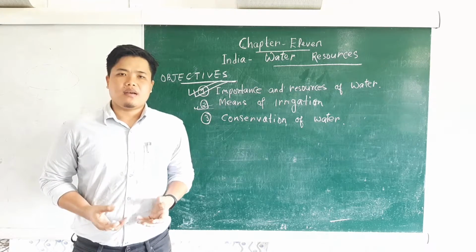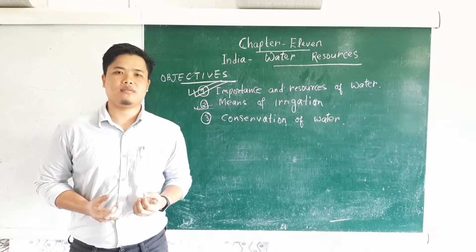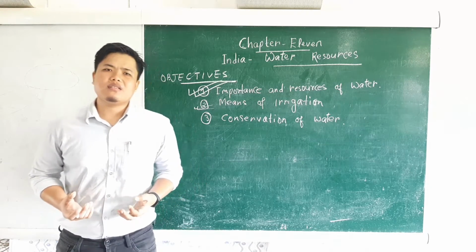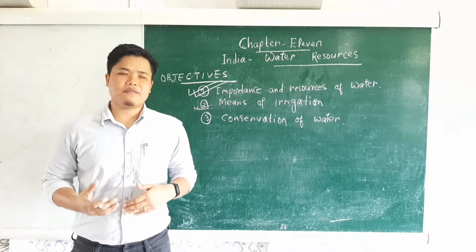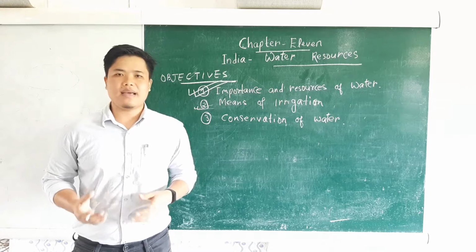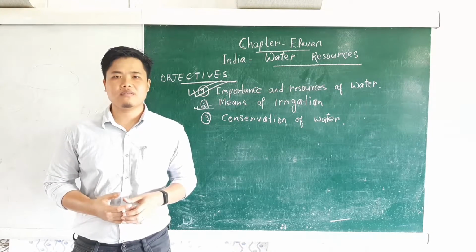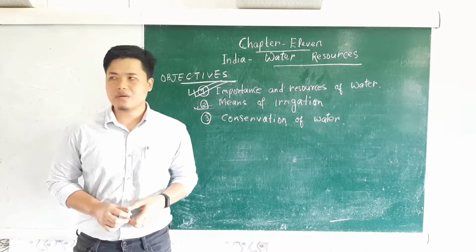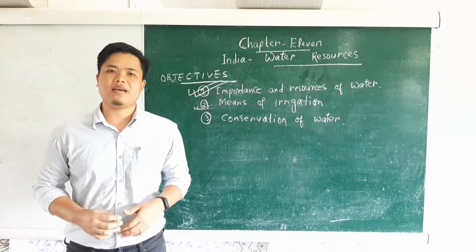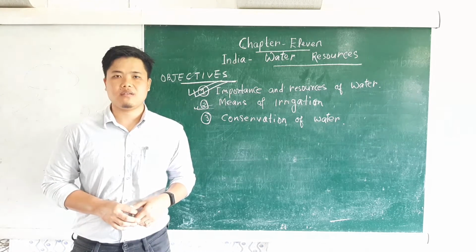But agriculture needs a regular supply of water. For irrigation, it has become very important to build dams, canals, tube wells. It is important for the continuation of the supply of water to an agricultural field.